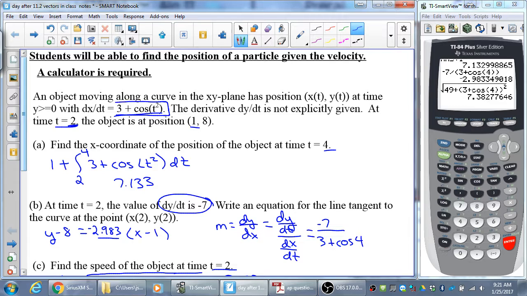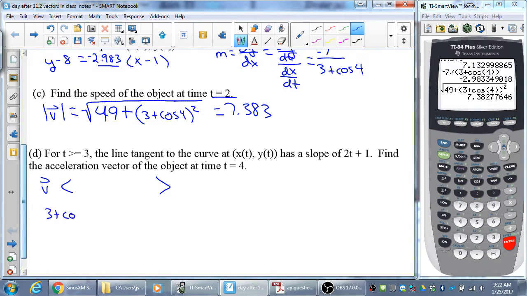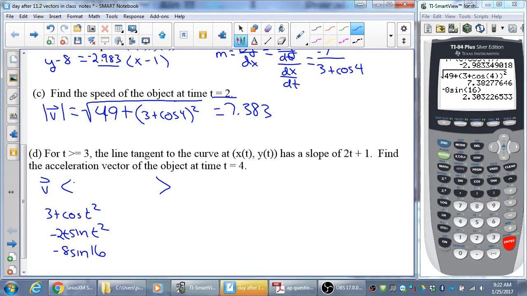I need to take the derivative of this right here, 3 plus cosine t squared, which is negative sine of t squared times 2t, right? Chain rule. And we're going to plug 4 in there. So negative 8 sine of 16. So the acceleration in the x direction at t equals 4 is 2.303. That's the x.